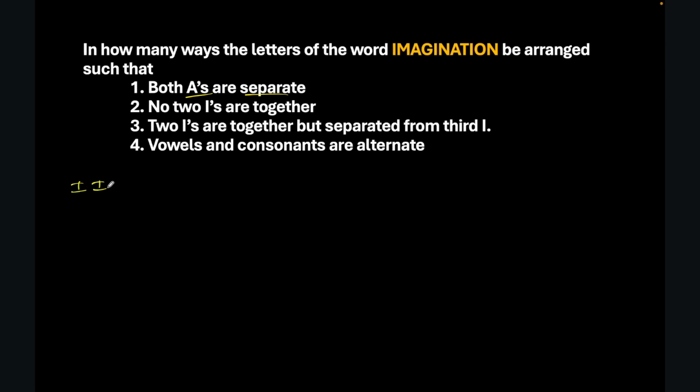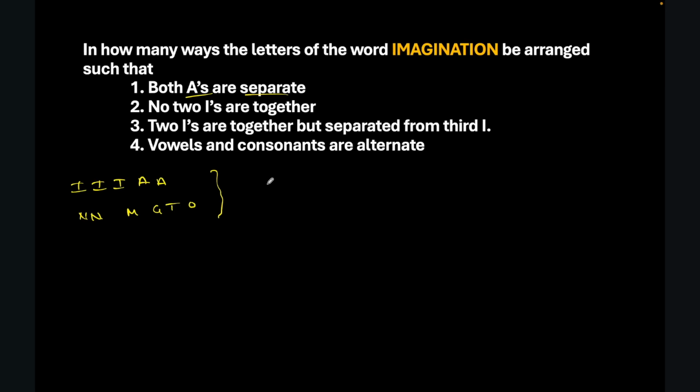We have the 3 I's, the 2 A's, the 2 N's, and then we have M, G, T, and O. These are what we have. Now, we are told that the A's are to be separate.